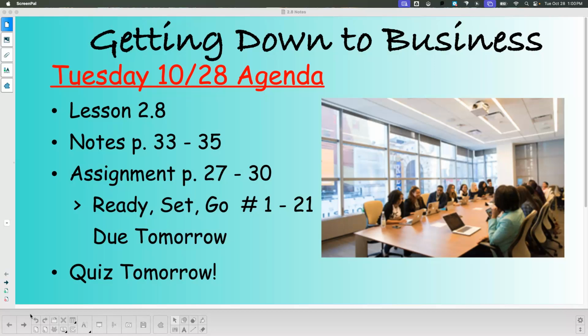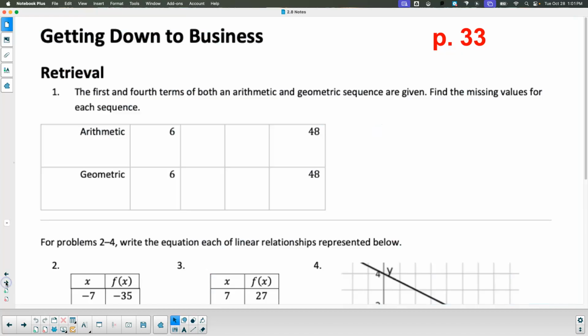Alright, so we're going to be in 2.8 today, which is on page 33 of your white packet. It says it's 2 problems, but really it's 5 problems to do on that one. I'm going to give you like 10 minutes to find me the arithmetic numbers that fit in between there, and the geometric numbers that fit in between there.